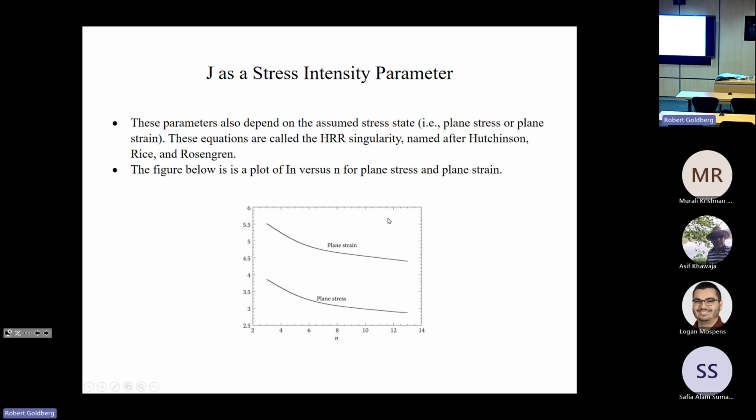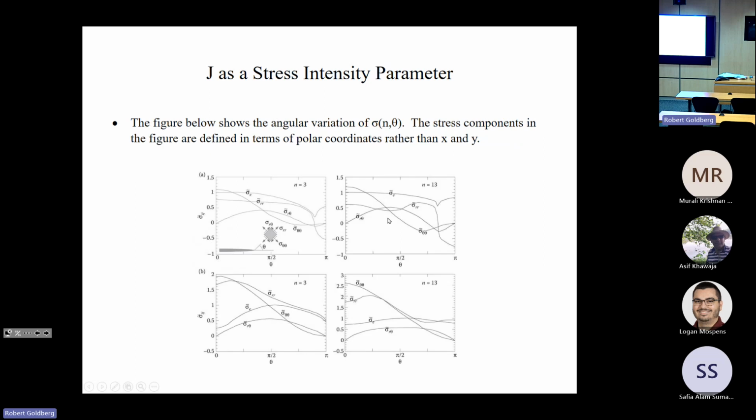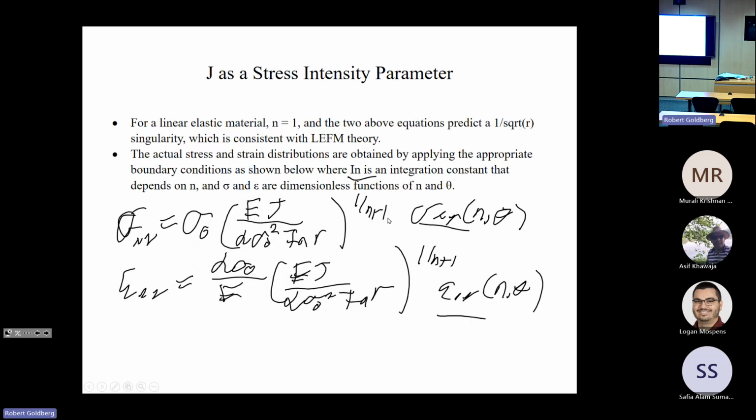There are plots that exist for this constant In as a function of n for plane stress or plane strain, so you pull this integration constant off of charts such as this.